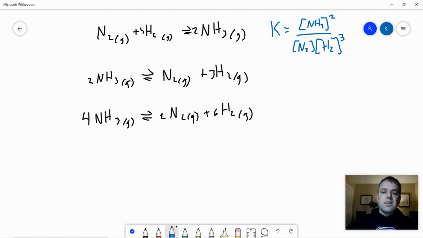For the second reaction, whatever our original value of K was equal to, the new value of K equals 1 over our original value of K.